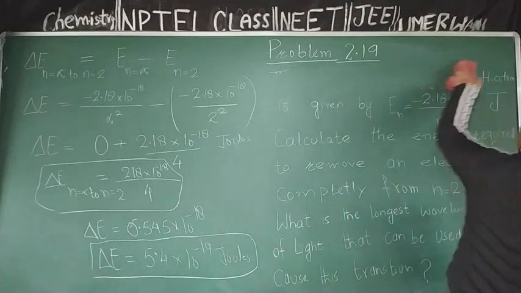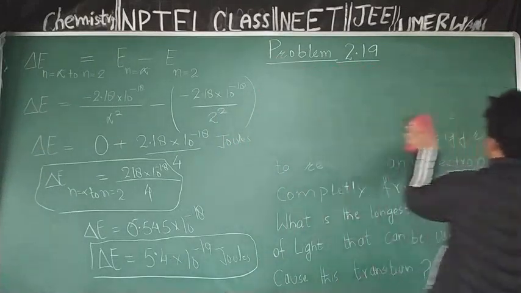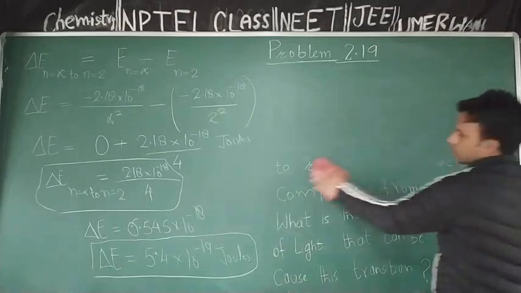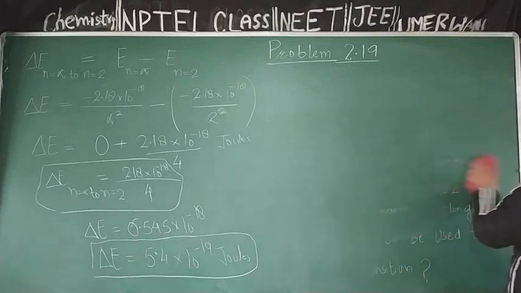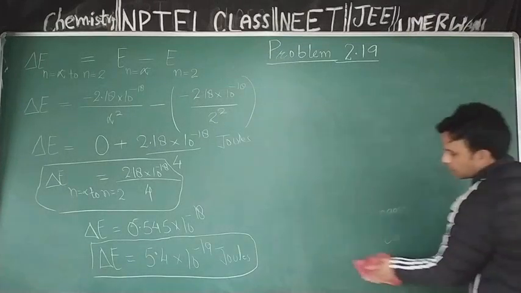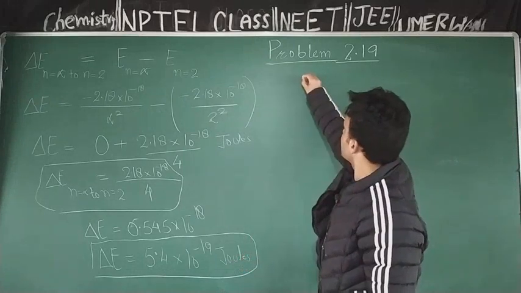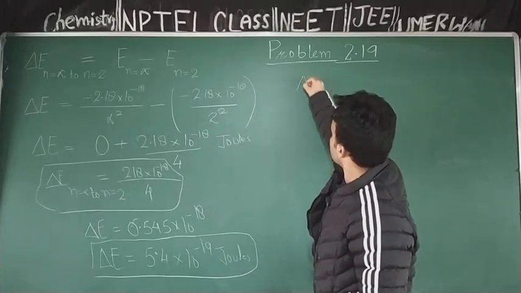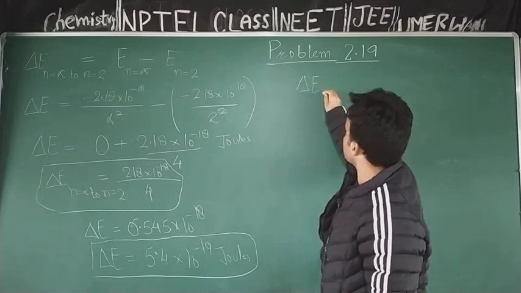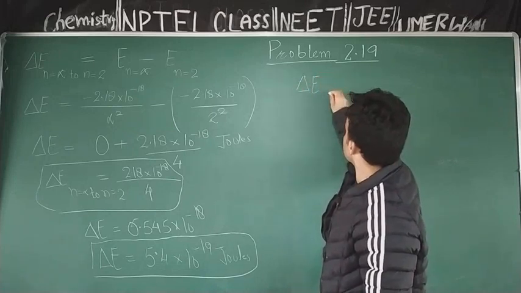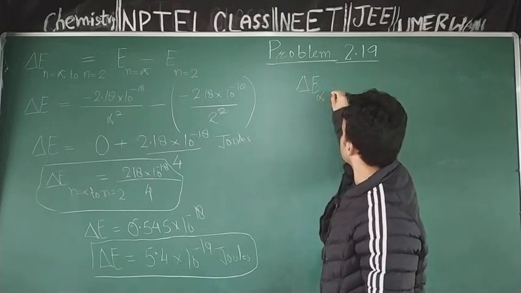Now we have to calculate the wavelength, and before calculation of the wavelength, I can give you the general formula for the ionization energy required in order to take an electron from nth orbit to infinite.